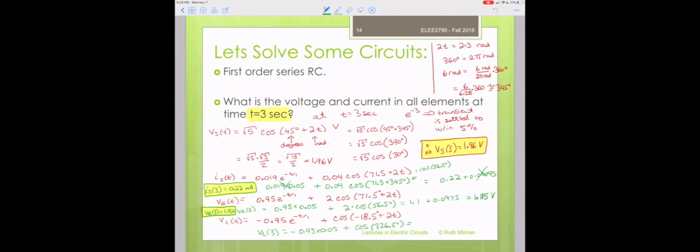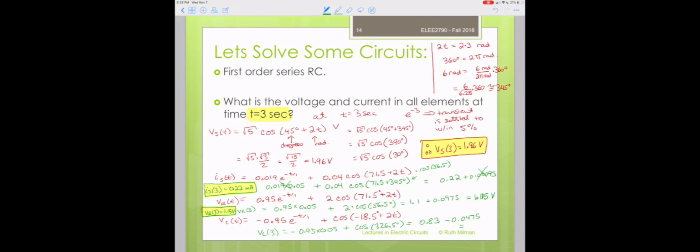So as we're adding up the pieces for the voltage in the capacitor, the cosine of 326.5 is approximately equal to 0.83. And we're going to be subtracting off 0.0475.